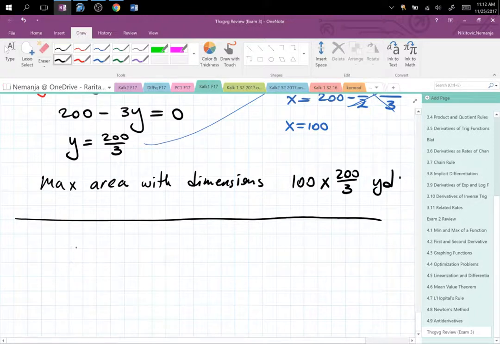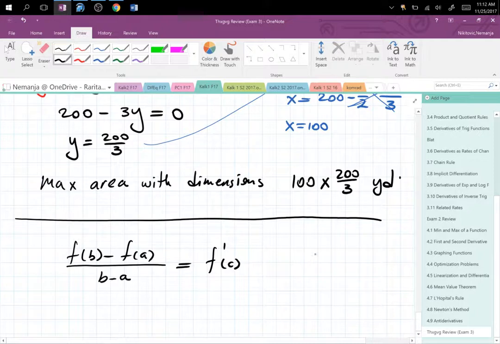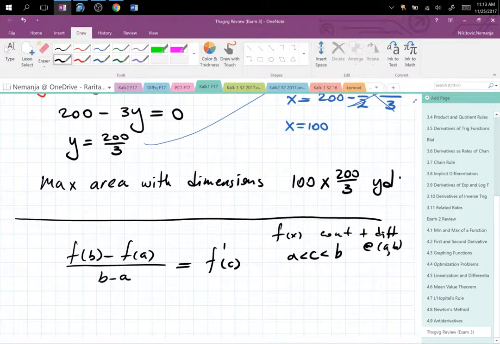But the mean value theorem says that the average rate of change, which is f of b minus f of a over b minus a, has to be equal to the derivative at some value c, where this c is between a and b, and the function f of x is continuous and differentiable on a, b. So that's the mean value theorem.